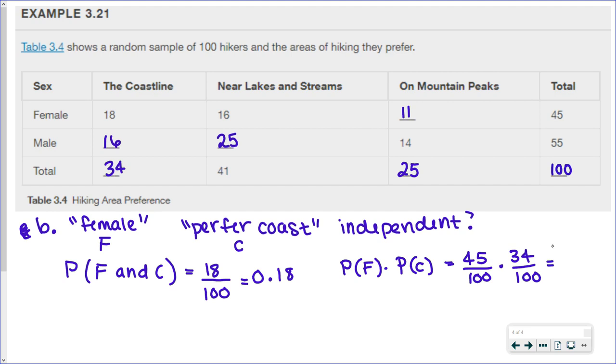We multiply these out and we get a decimal of 0.153. Now, in order for these two events to be independent, they need to be equal. So I have 0.18 is not equal to 0.153. So I would say no, these are not independent.